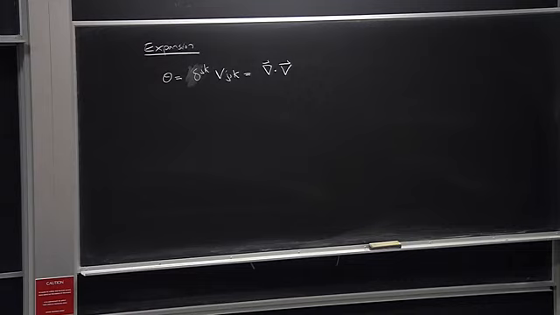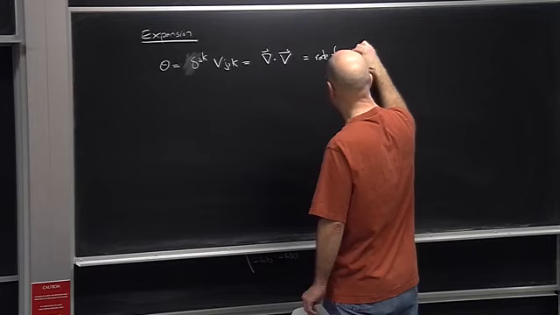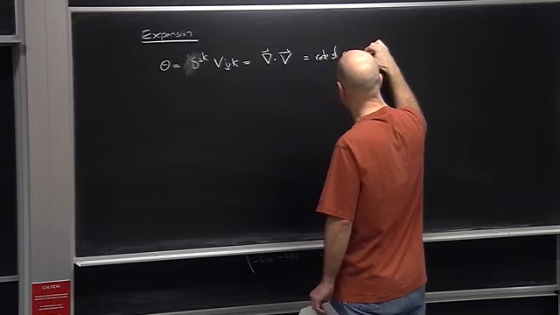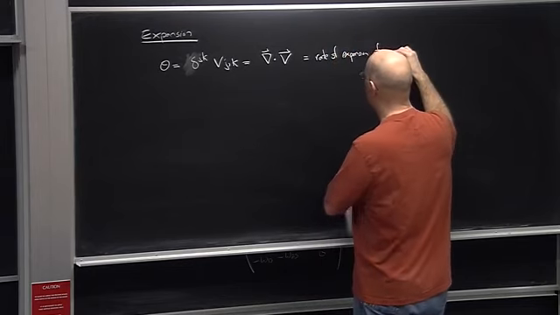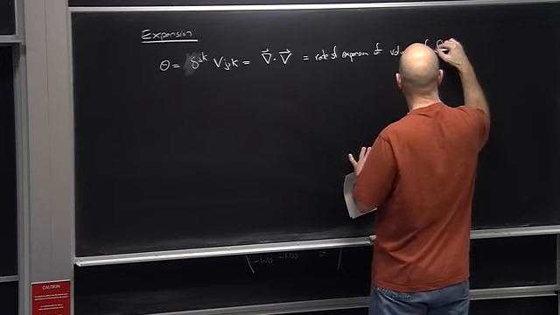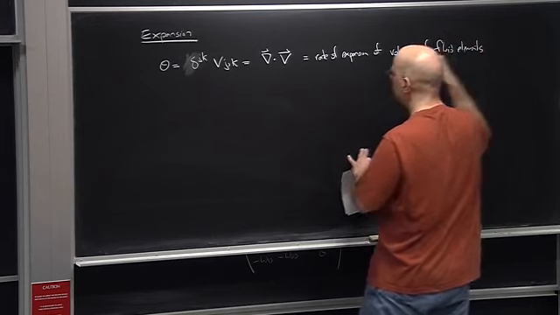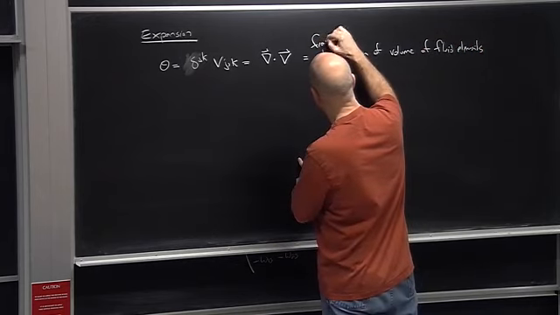I just want to spend a little bit of time describing this. So the claim is that this is the rate of expansion of the volume of fluid elements. And I should say fractional rate of expansion.